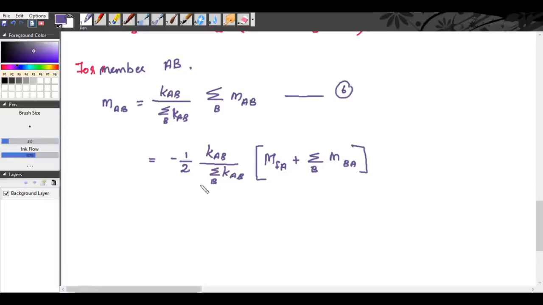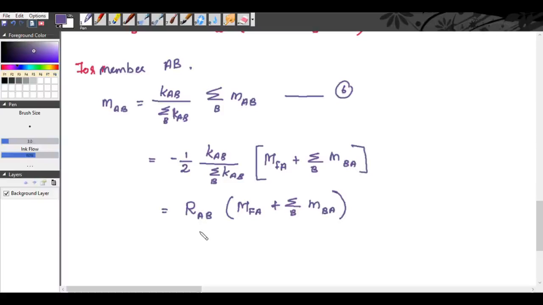This minus half of KAB by sigma KAB is replaced by RAB into MFA plus sigma B into MBA.